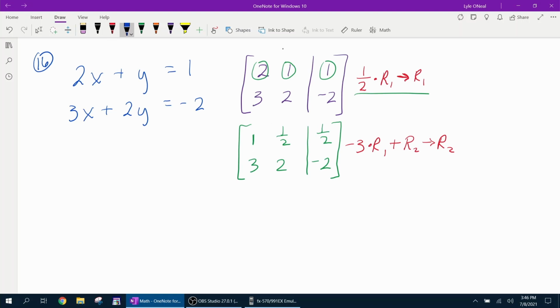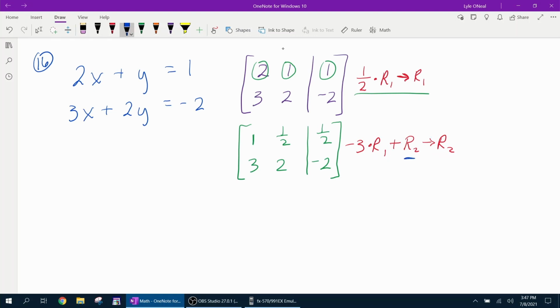Okay, so one more time. Again, what's going to happen is we're going to take everybody in row 1 and multiply by negative 3. Whatever we get from that multiplication, we're going to add that to the corresponding element in row 2, and that will produce a new row 2. And now what I'm about to say is important.